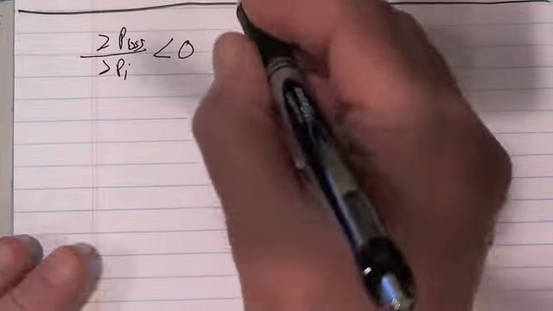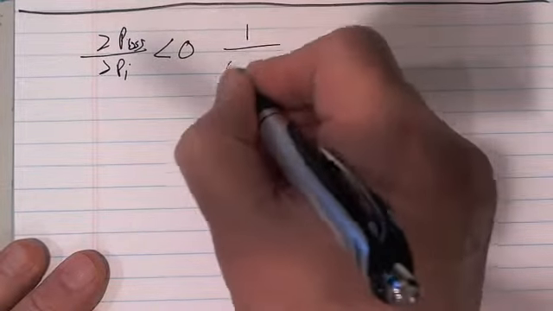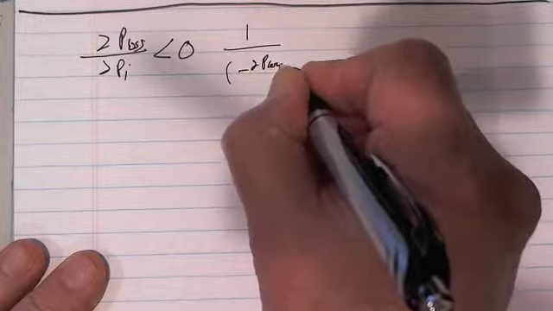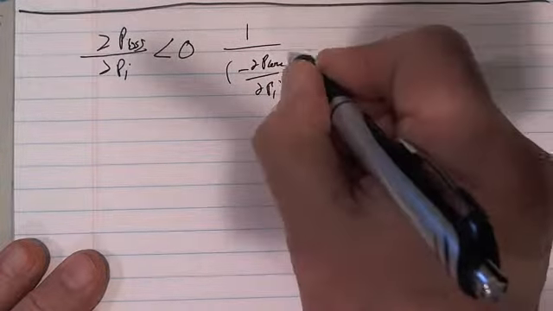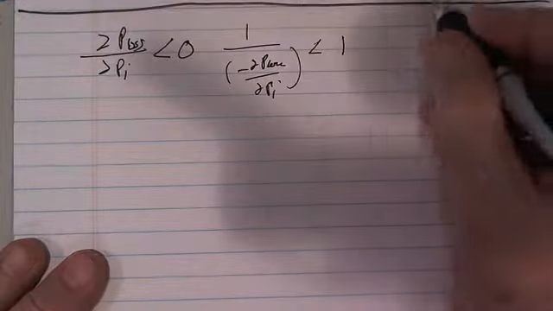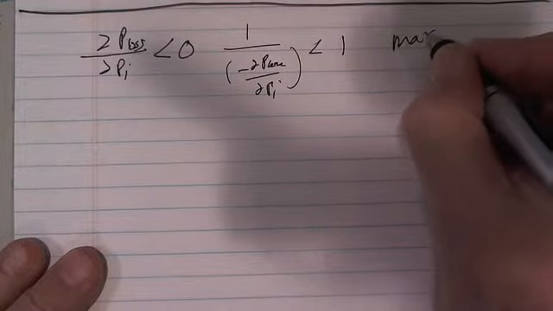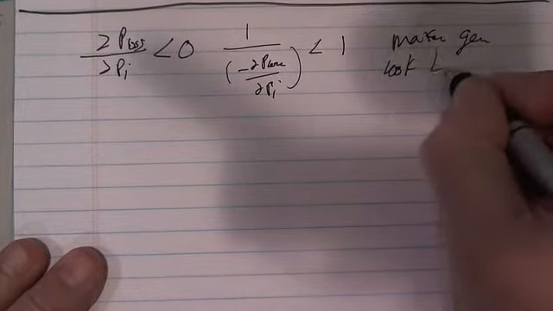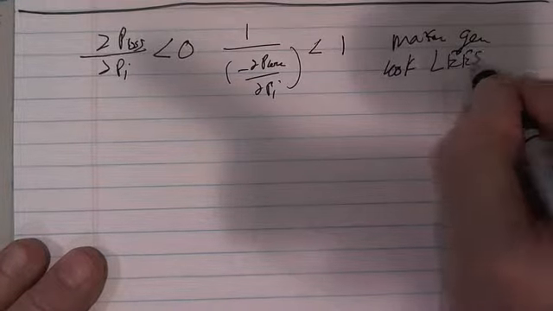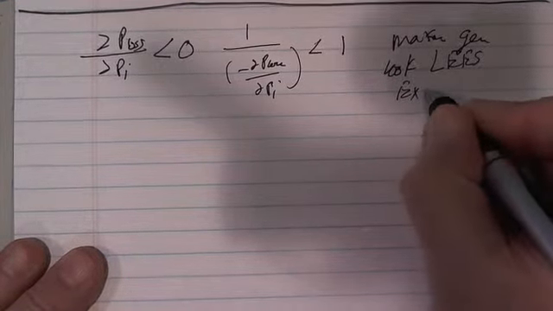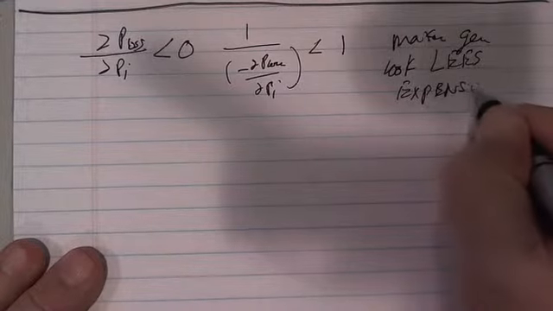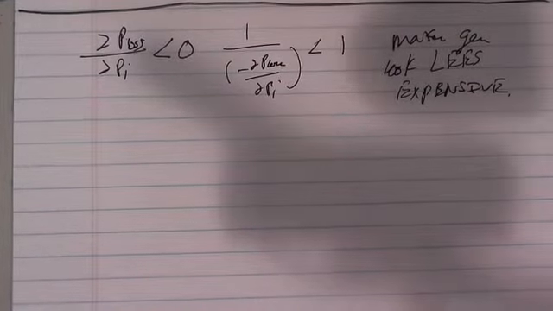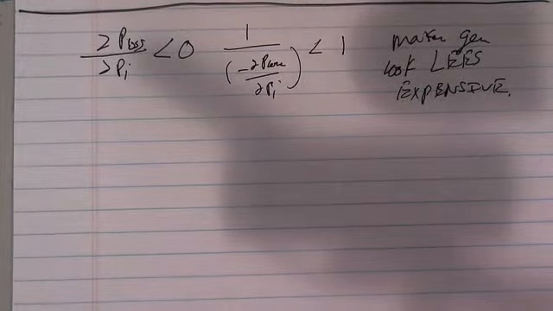If this is the case, then 1 over 1 minus dP loss dPi is less than 1. And it makes the generator look less expensive.